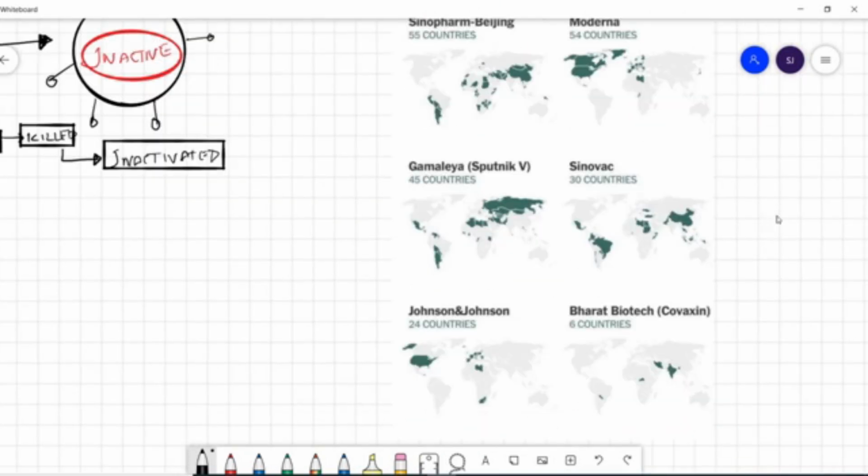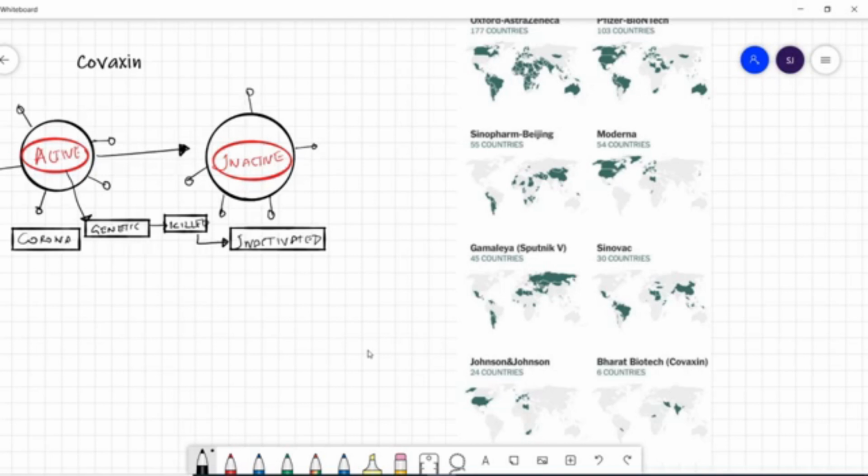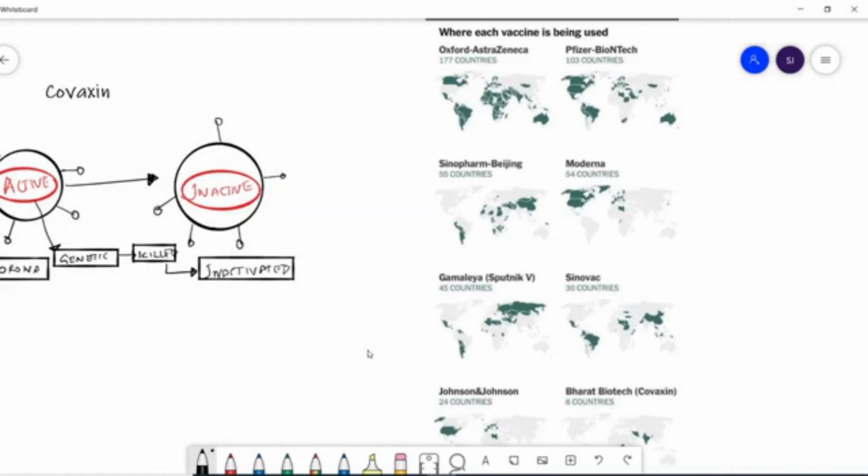The reason we made this video is to show that this is the mechanism through which the vaccines operate. And the vaccines are being administered all across the world.